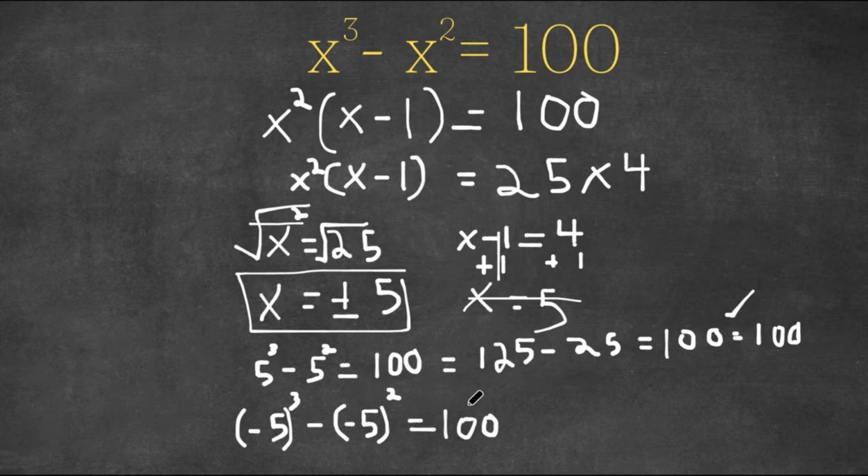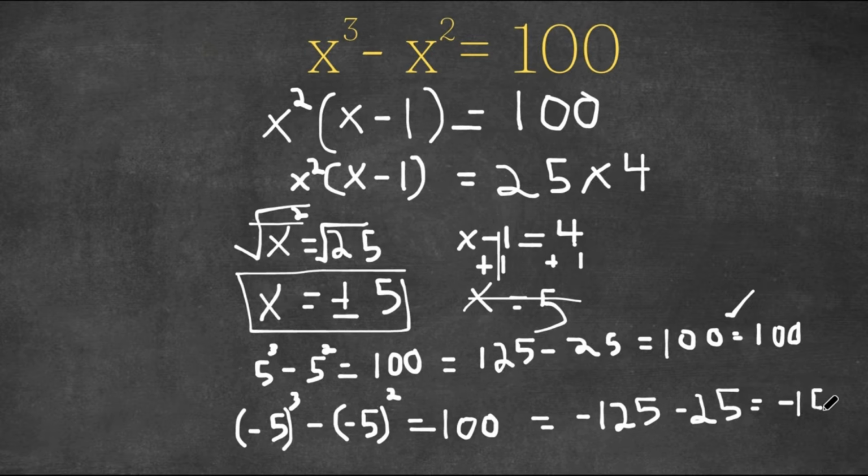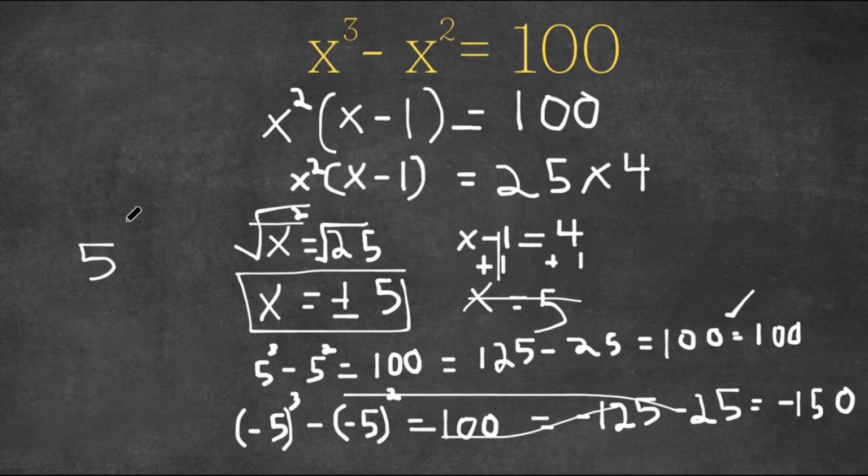And 5 to the power of 3 is 125. So this would be negative 125 minus negative 5 squared is 25. And negative 125 minus 25, well, that's negative 150. And that is not equal to 100, so this is rejected. And 5 is our only correct answer.